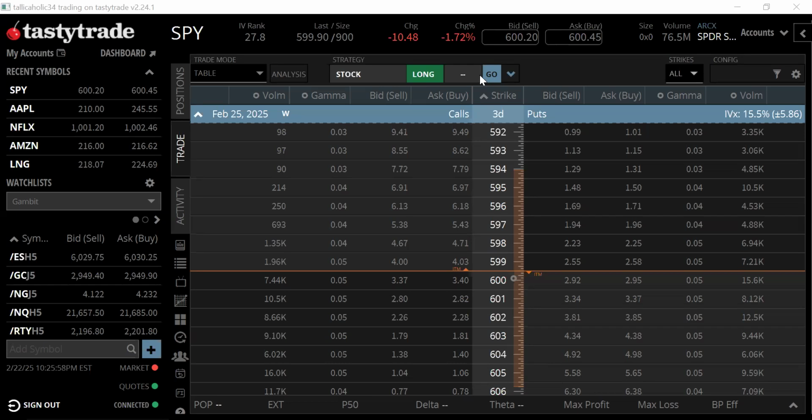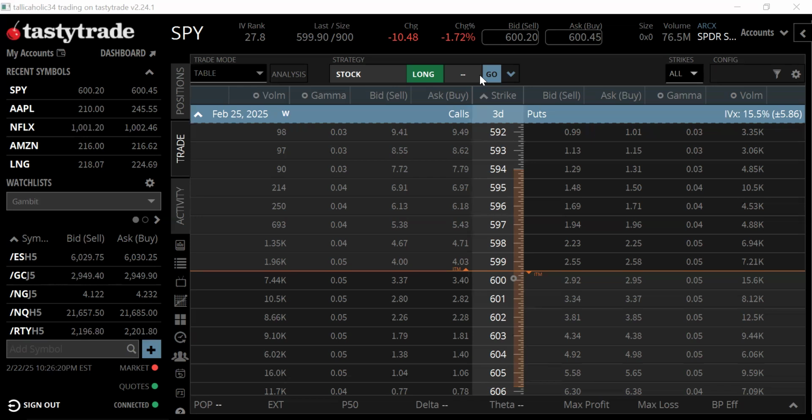So delta, we talked about how that measures the rate of change in the option's price to a $1 move in the stock, all things being equal. And it's also how we get our probabilities of expiring in the money at expiration. Theta, we talked about how it measures the time decay of your option's price with all things being equal within 1 day.